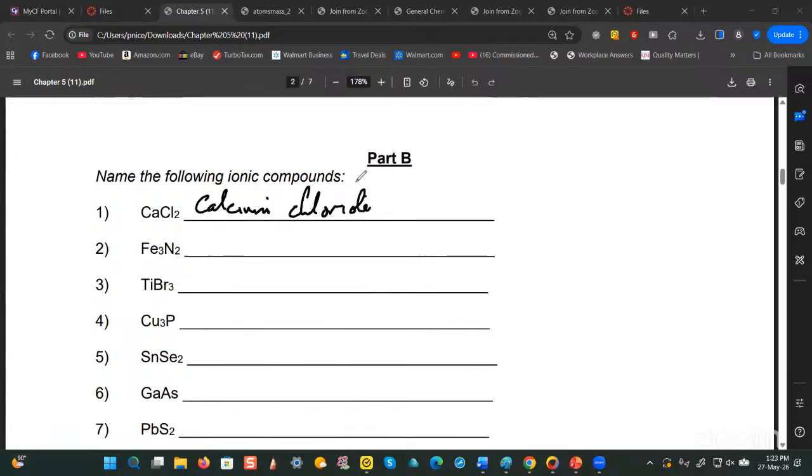Now you might be wondering, why don't I call it calcium 2 chloride? Because after all, the charge is +2. And the answer is that calcium only forms an ion with a +2 charge, right? So you'll never find a calcium +3 or calcium +4.